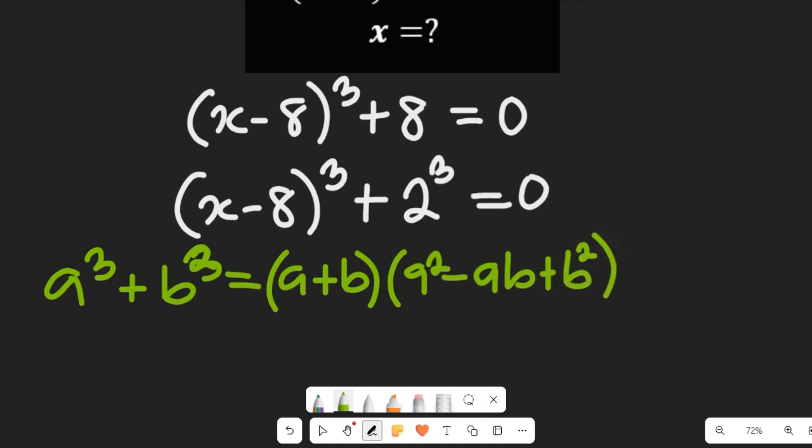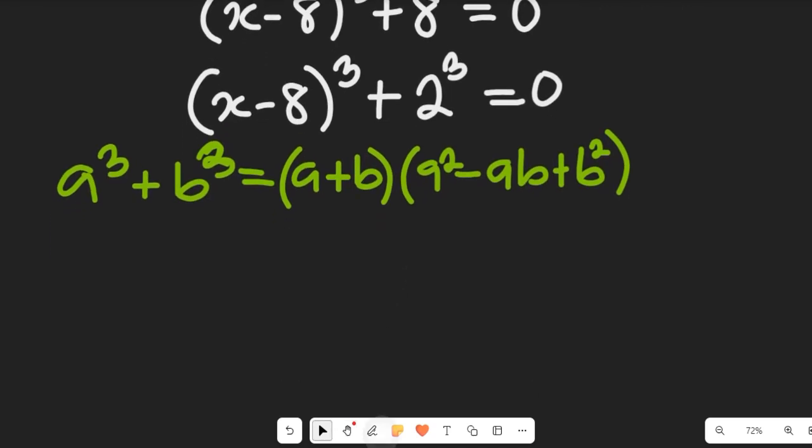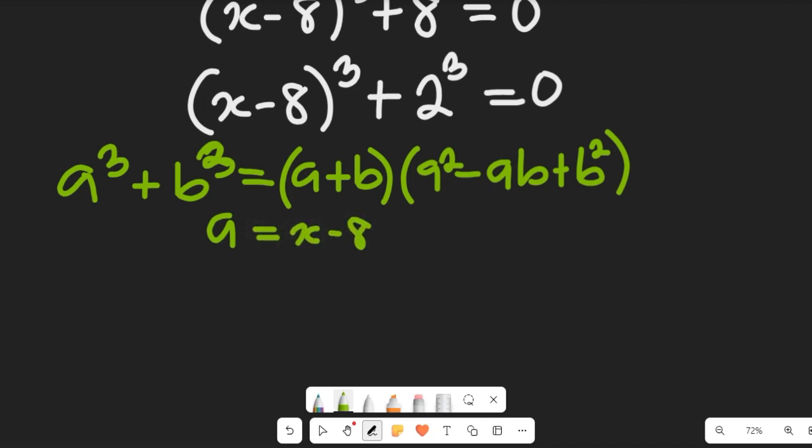So from that expression, if you look at it deeply, you're going to see that the value of a is equal to x minus 8, and the value of b is equal to 2.